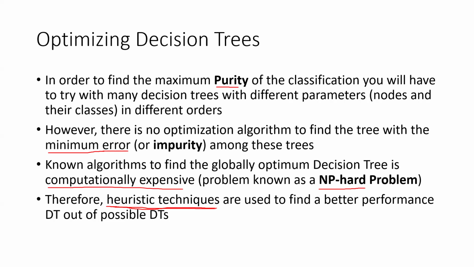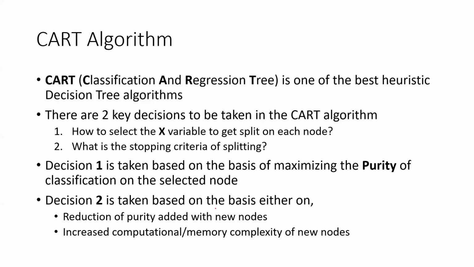With these heuristic techniques, you can find a nearly optimum solution. There are several heuristic techniques, and the CART algorithm is one of them for finding the optimum solution for decision trees.